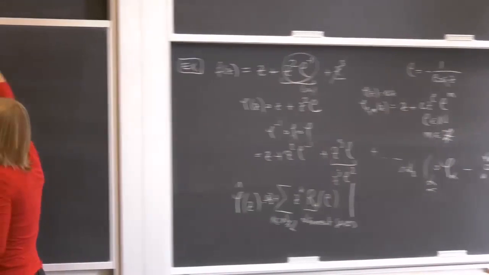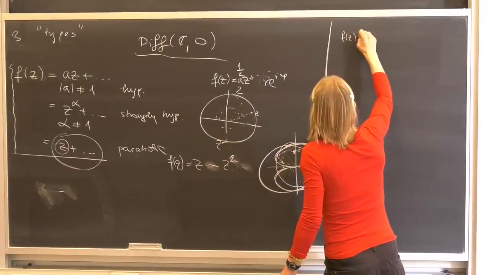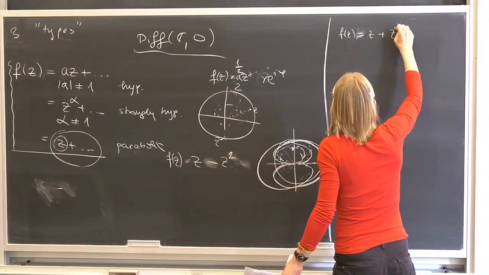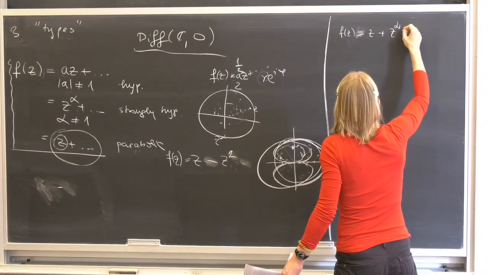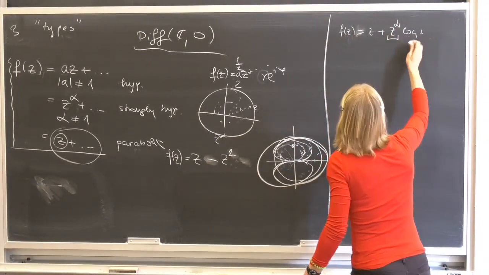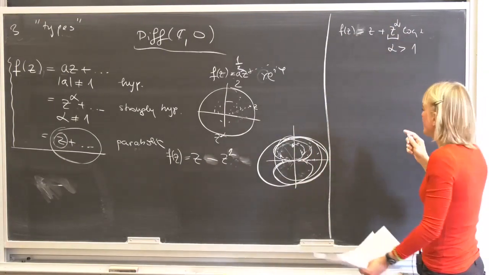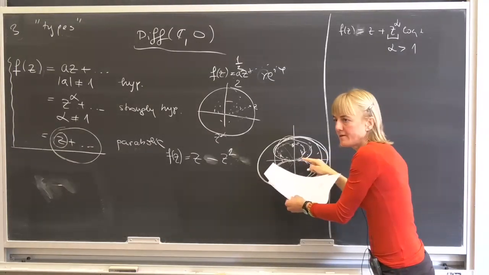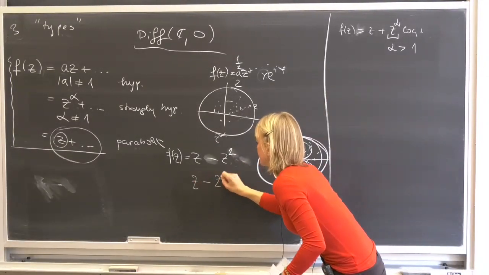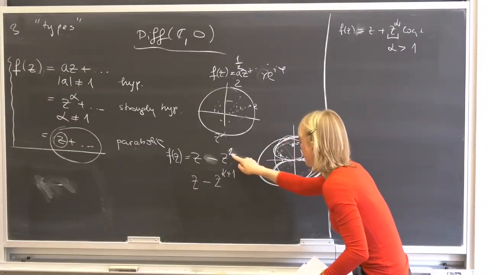And what is easy to do is that once that we have a parabolic germ of the Dulac type, this starts with Z alpha, then we can have some log Z or something like that. We see that somehow dynamically most important is this alpha that is bigger than 1. So it will behave exactly in the same way. As here, if we have Z minus ZK plus 1, this will provoke petals of opening. Here is 2.